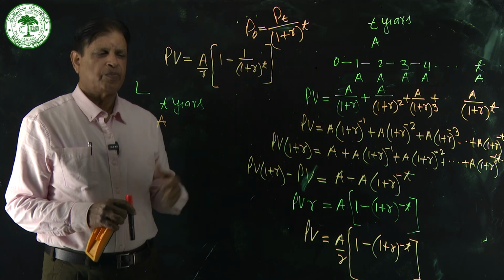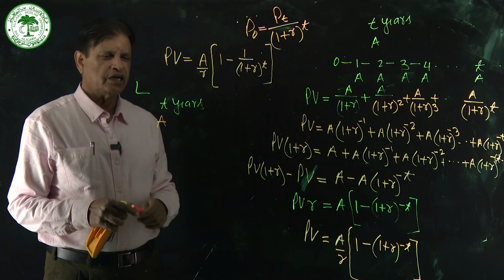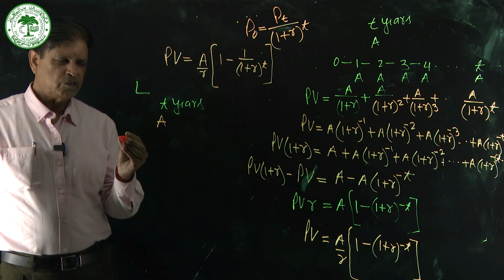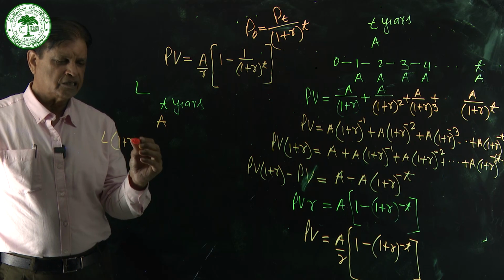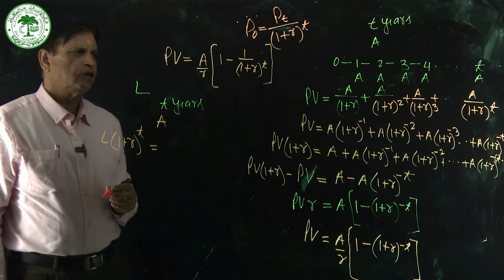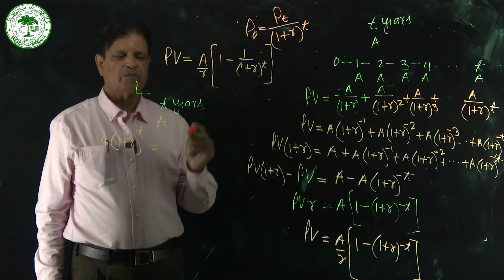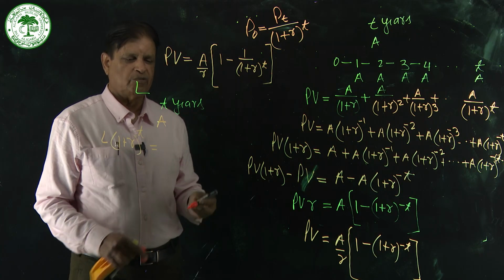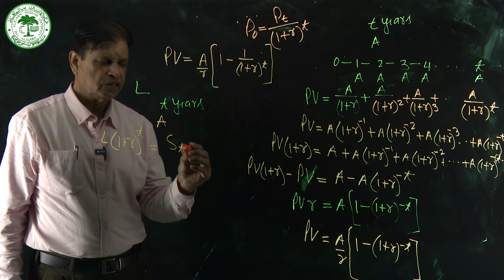So this loan that we have taken here and the sum of the annuity both should be the same. And if this is so, we have just told you that this loan amount will be L(1+R) raised to the power T. This is the loan amount. And the sum of the annuity, not the present value, the sum of the annuity, that is S_T.